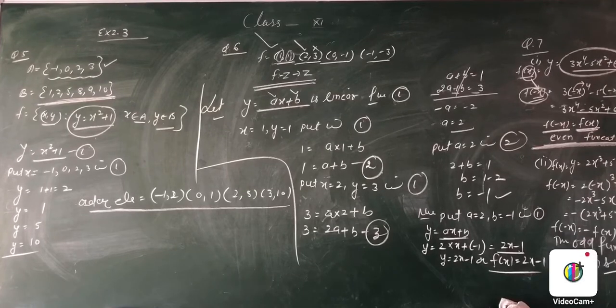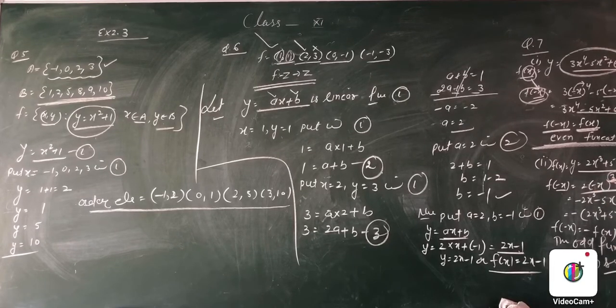In the second part, f(x) = 2x^3 + 5x. Now check whether it is even or odd. We replace x by -x in this function: 2 into (-x) whole power 3 plus 5 into (-x). Here the power is 3, an odd number, so the negative sign is taken 3 times and the value is negative. It means if the power is an odd number then the sign is negative, and for an even number it is positive.